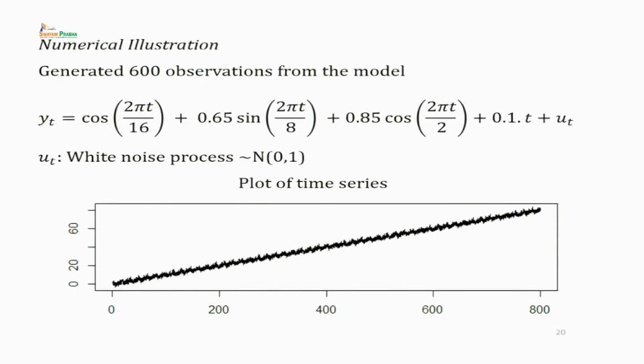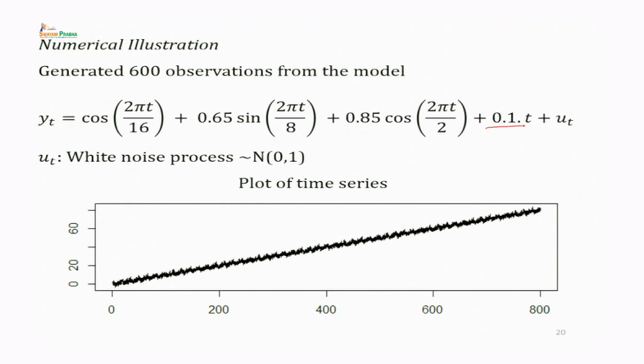For illustration purpose, and to observe how the smoothing affects your periodogram, or how the periodogram looks when you do not do proper smoothing, we have generated 600 observations from the model y t equal to cos 2 pi t by 16 plus 0.65 sin 2 pi t by 8 plus 0.85 cos 2 pi t by 2 plus 0.1 t.